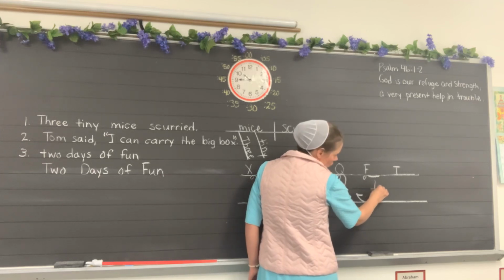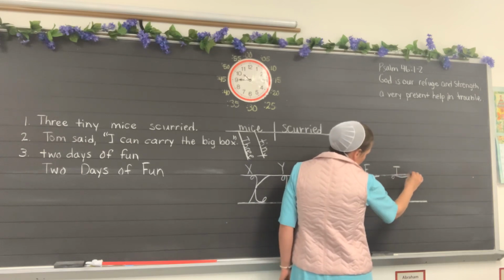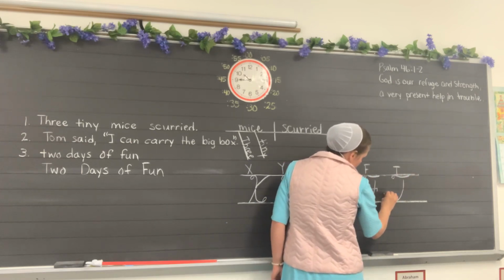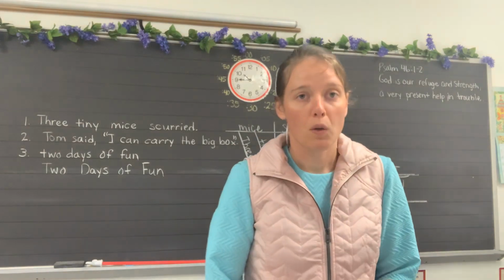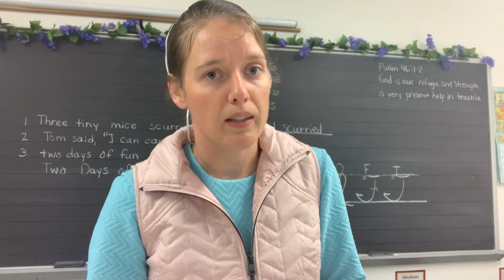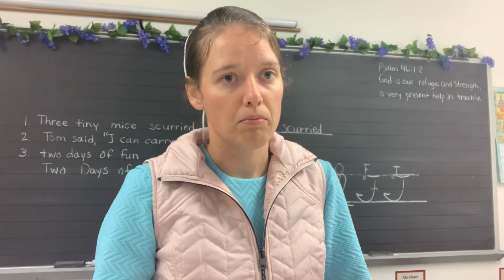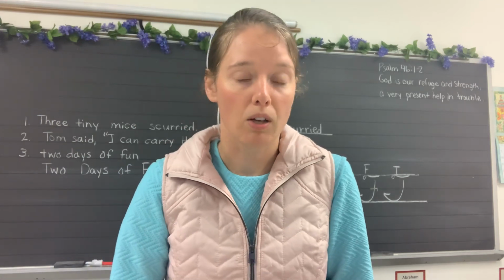Don't forget your little jigger here on the F's. And the T's go like this. Okay, so you will have those on the quiz. Try not to look back on the quiz how to make them. Just try to memorize them really good before you start.